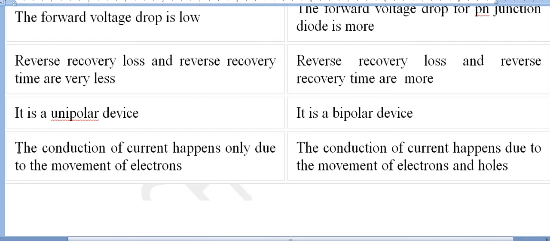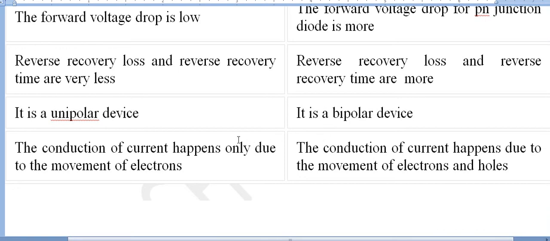In Schottky diode, the conduction of current happens only due to the movement of electrons. On the other hand, in p-n junction diode, the conduction of current happens due to the movement of electrons and holes. So this is a brief discussion about Schottky diode.